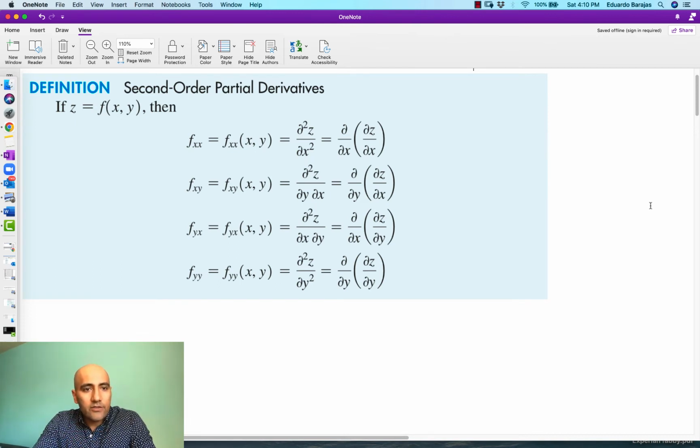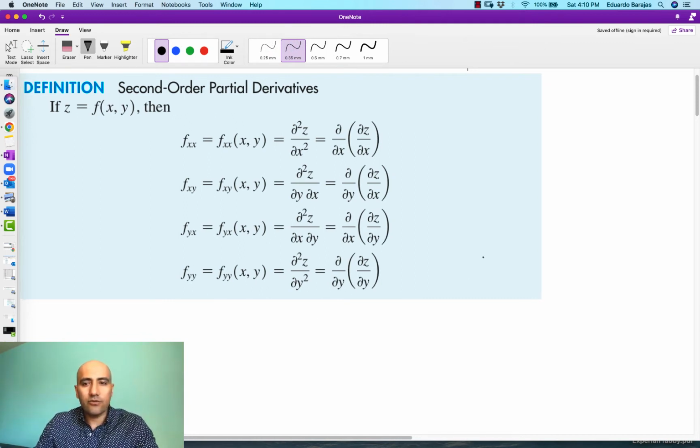Well, likewise here, we have a function written in two independent variables, x, y, and so we can take a first partial derivative with respect to x or y, and then we can go beyond that and take a derivative of the derivative, giving us the second order partial derivatives. Because there are two variables, there are four possible outcomes, right?